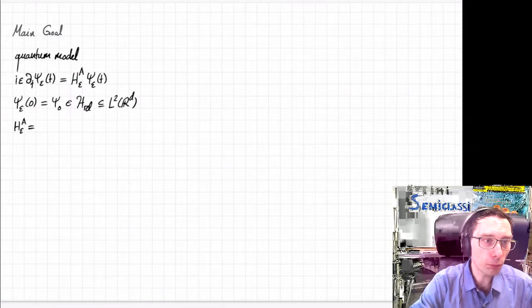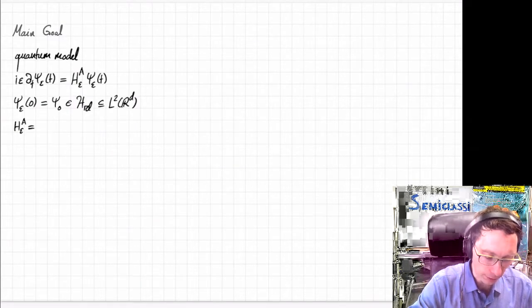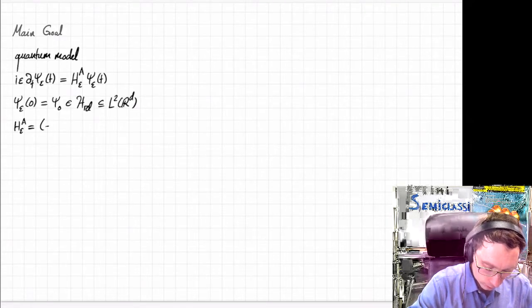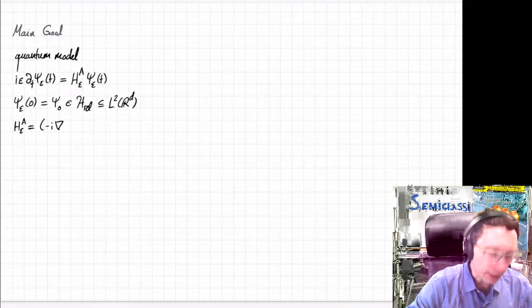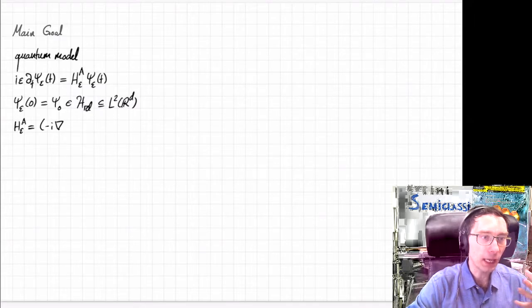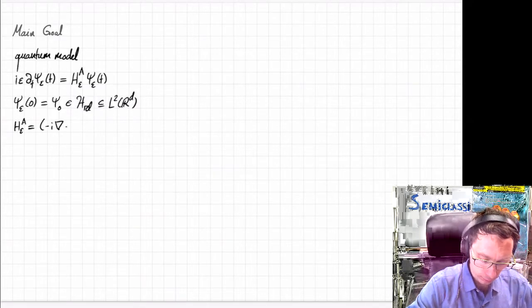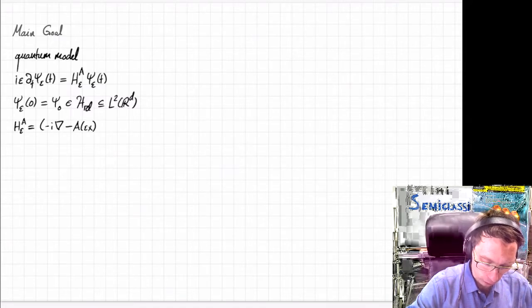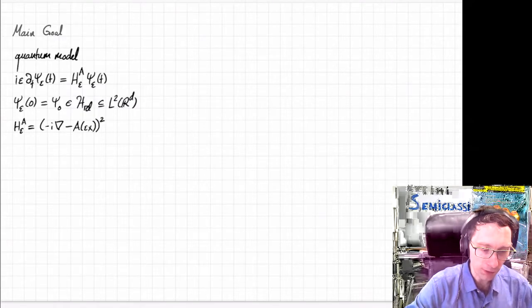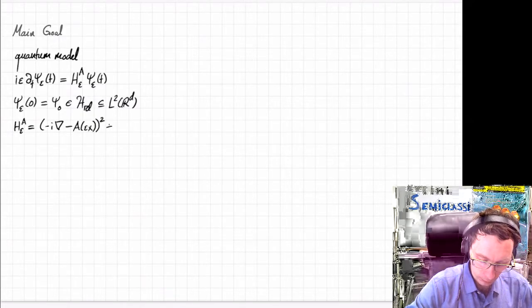And the Schrödinger operator that we're looking at is that of a non-relativistic particle in R^d. As the picture suggests, we're applying an external magnetic field, so I have to add the magnetic vector potential. So this is the kinetic energy in the presence of a magnetic field.